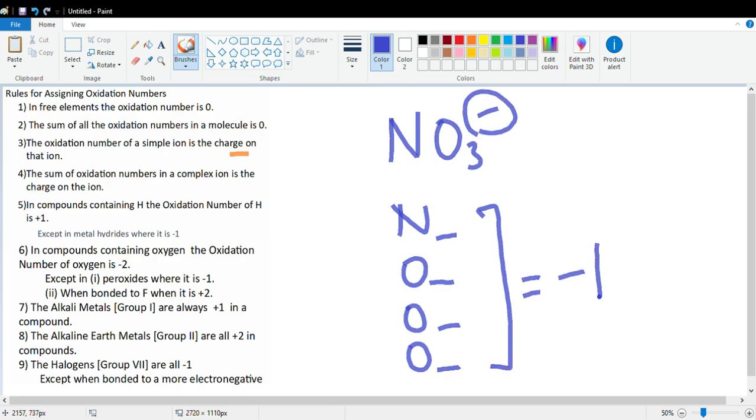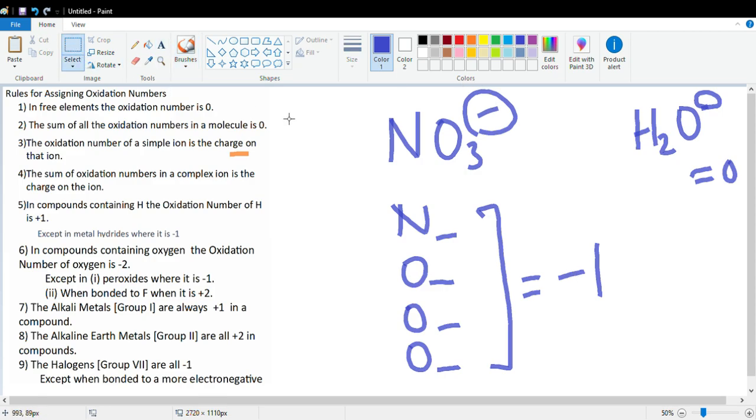For our molecules, there's no charge on a molecule. The water we looked at a while ago, there's no charge. So rule 2 is that on a molecule it equals 0. For our complex ion, an ion is something that has a charge. We've got a charge on the nitrate of -1. So when we add up the oxidation numbers of all the atoms in the ion, that must equal the charge on the ion.